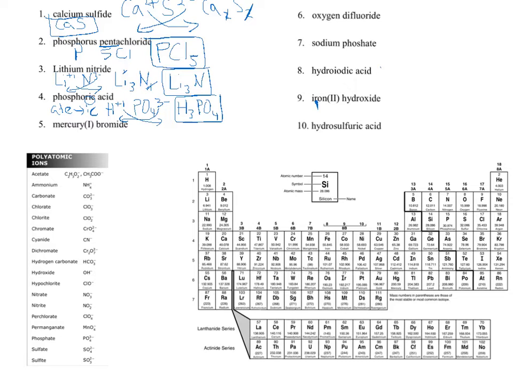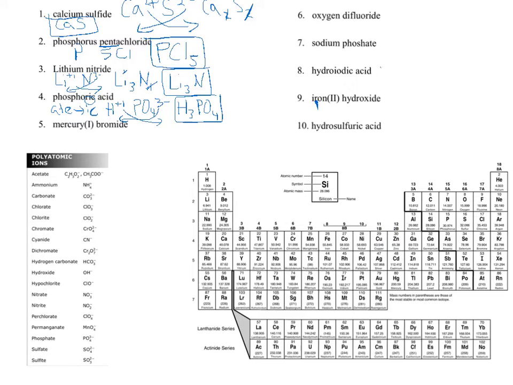Okay, next one. We've got mercury, and then we've got this Roman numeral in here of 1, mercury(I) bromide. All right, the reason why there's this Roman numeral here is because mercury, which is Hg, is right here, and it's found within the transition metals. So transition metals are all of these guys that are in groups 3 through 12.